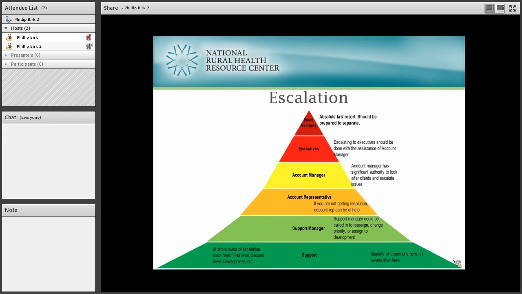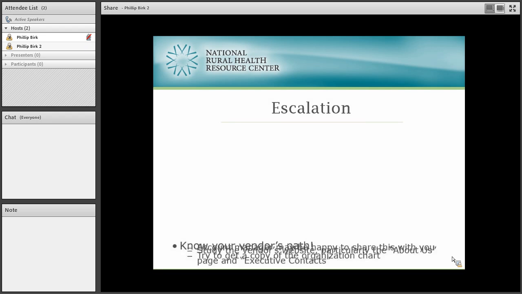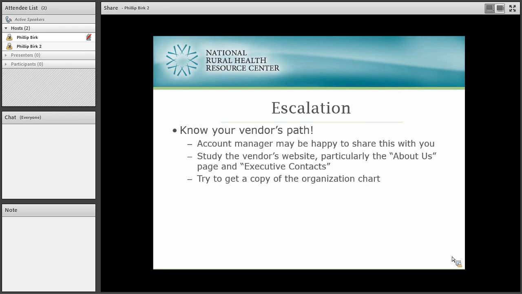So they may already be aware, but your account manager, it's their job to make sure you're happy. So if you're not getting resolution from support, from the support manager, go up through your account rep or your account manager.